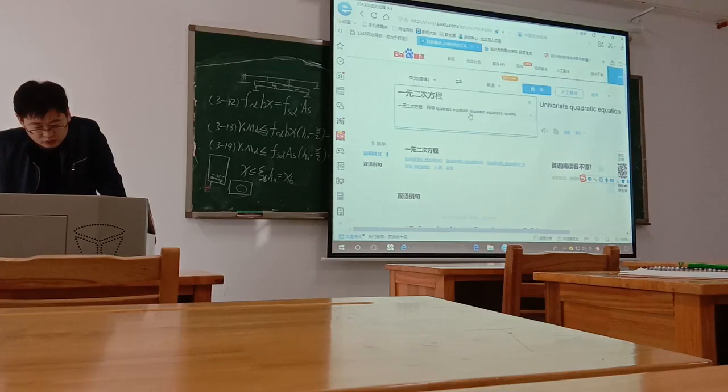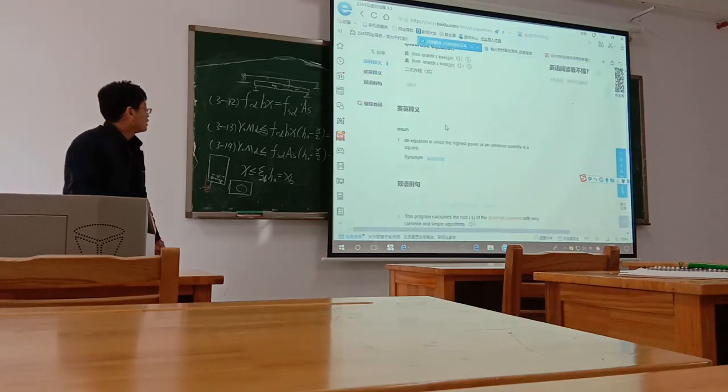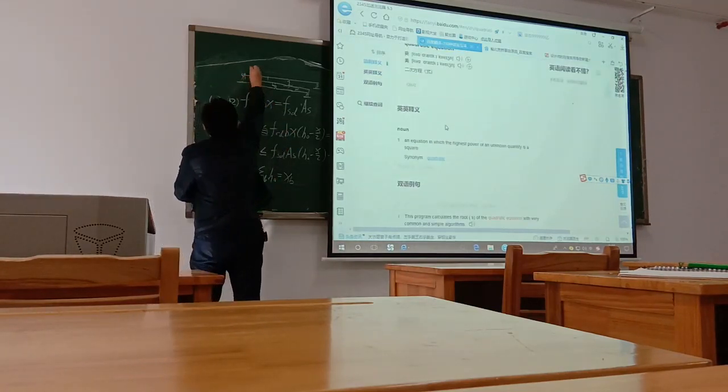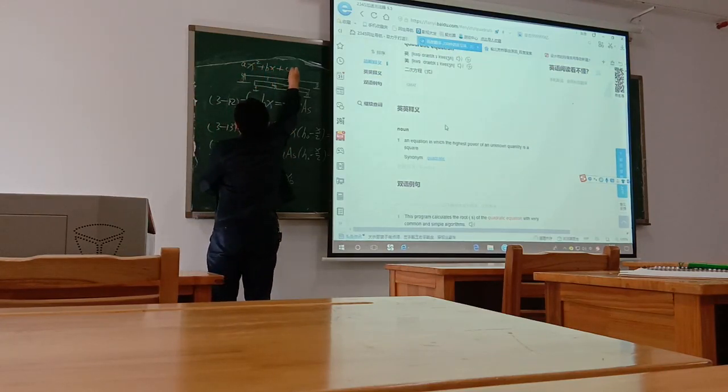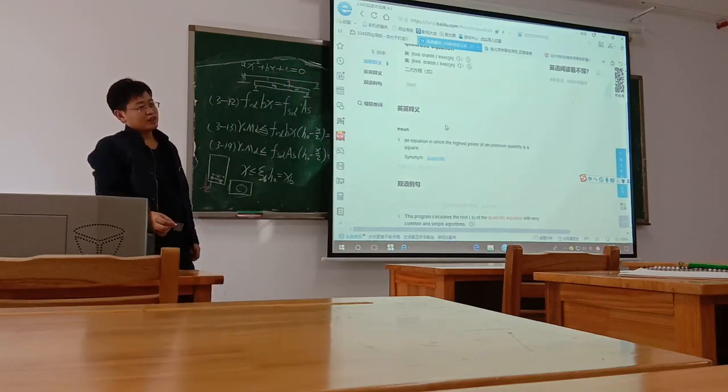Univariate quadratic equation? Do you use this word? Something like X squared minus bx minus c equal to 0. Okay, how do you call this? Quadratic equation.